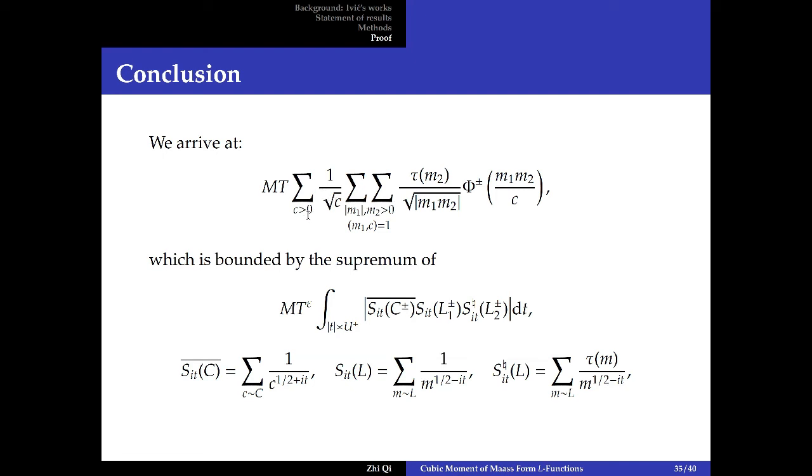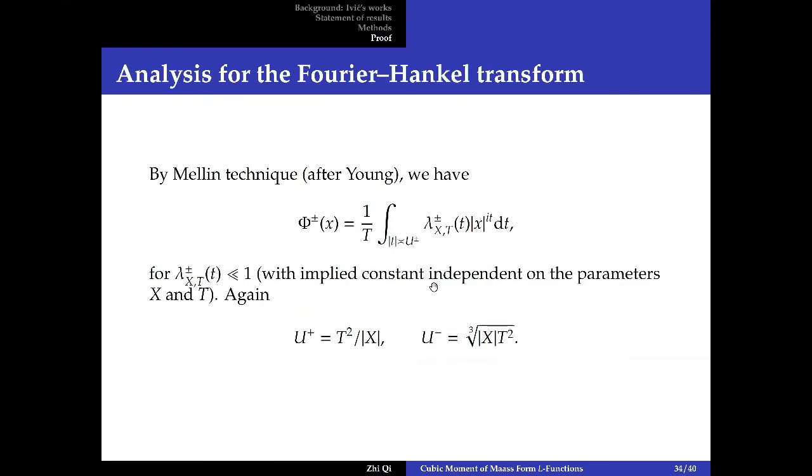You have the sum over C and the dual sums over M1 and M2. The important thing here is that you have this integral with argument M1, M2 over C. Then we insert the Manning expression here, and bound by absolute value. In that case, we can just ignore this lambda.